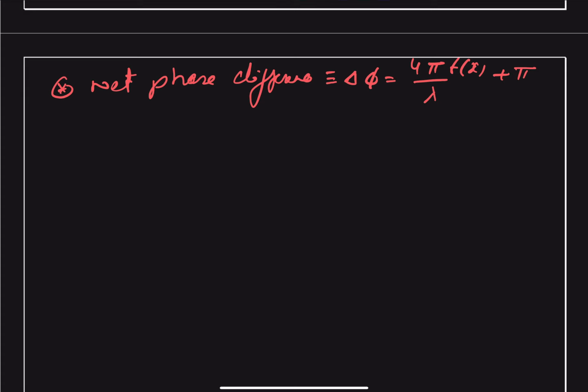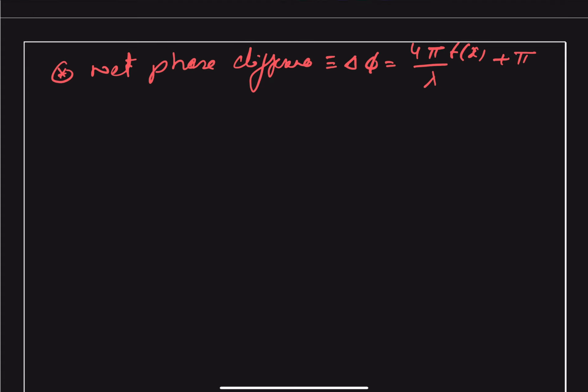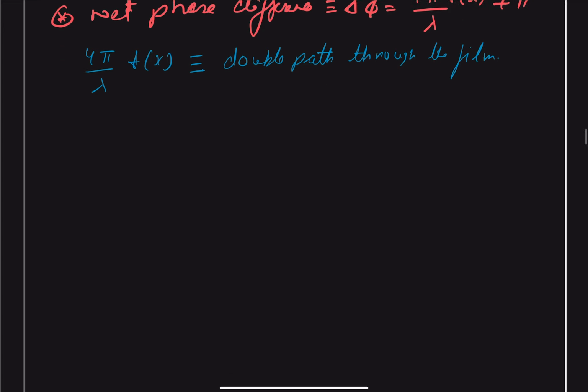The term 4 pi t of x divided by lambda is because of the double path through the film. And the pi is because of the phase change.